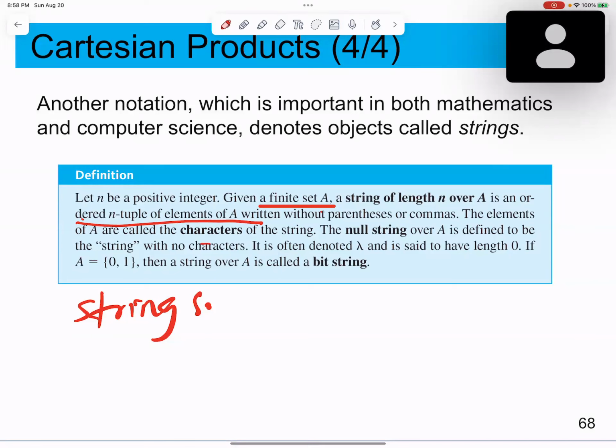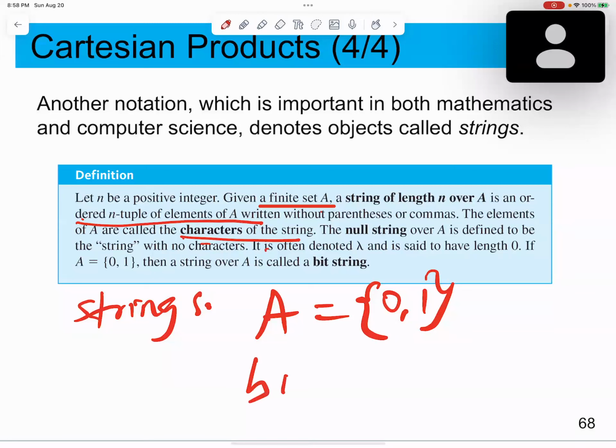The elements of A are called characters of the string. The null string over A is defined to be the string with no characters. It is often written as lambda and is said to have length 0. Now, if I have A to be the collection of zeros and ones, then the string over A is called a bit string.